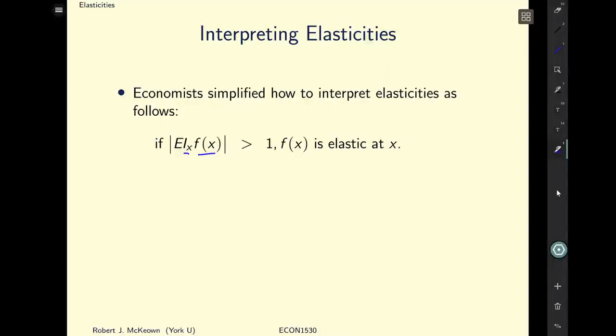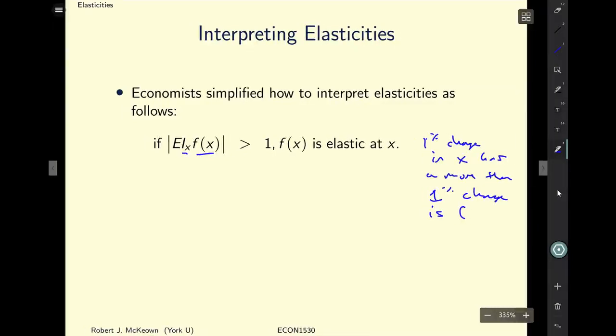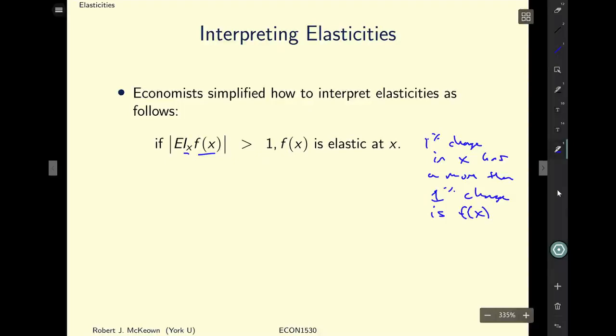Here, in the more general sense, we say that f of X is elastic at X. And if it's elastic, it means that a 1% change in X has a more than 1% change in f of X.